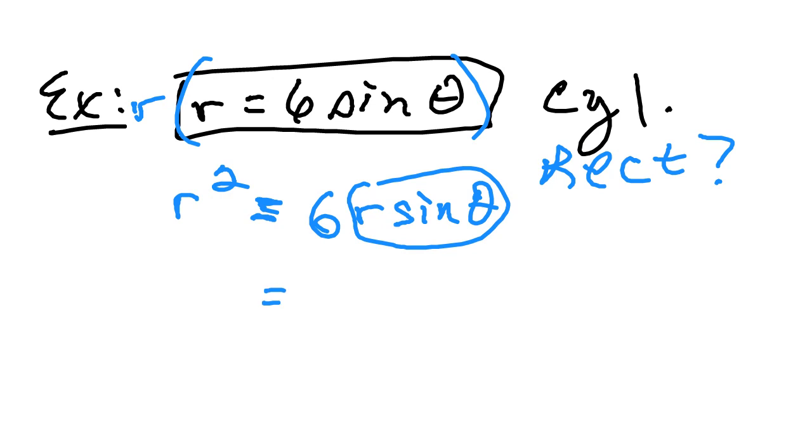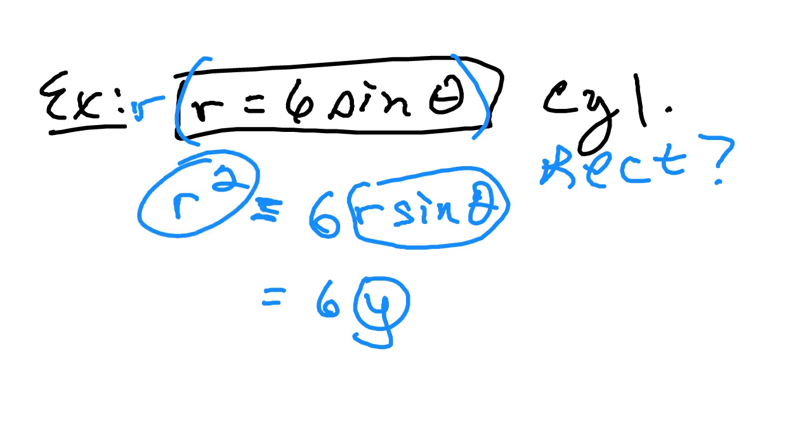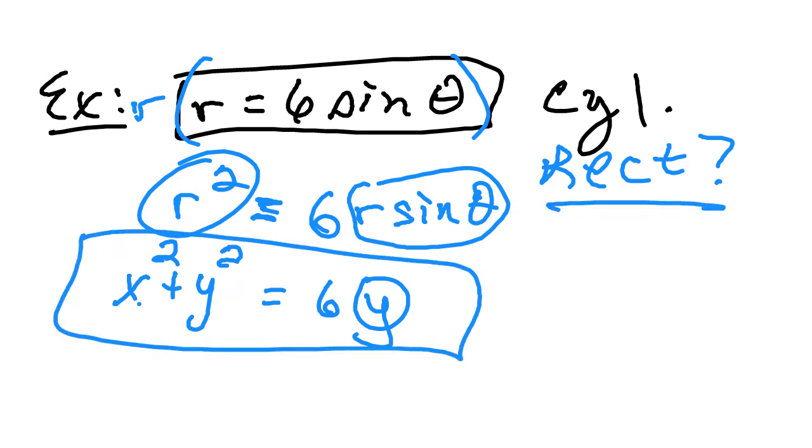So instead of 6 times r sine theta, this is 6 times y. And instead of r squared, I know that is x squared plus y squared. So I could rewrite this equation in rectangular coordinates as x squared plus y squared equals 6y.